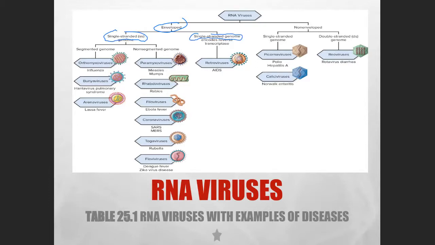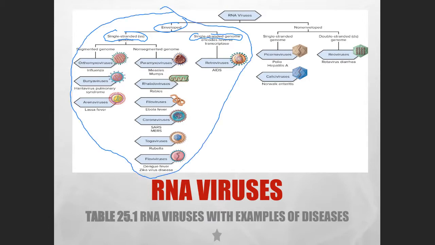Therefore, the most common viruses that infect humans are enveloped with single-stranded RNA, maybe segmented or non-segmented, or the special viruses that carry their own enzyme, called the retroviruses. So we are already done with the enveloped single-stranded RNA viruses.